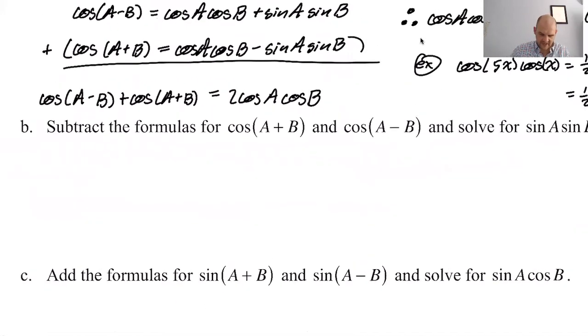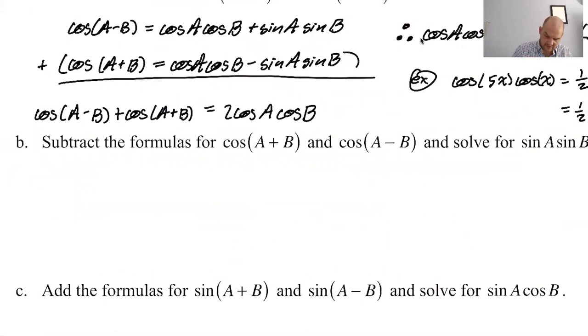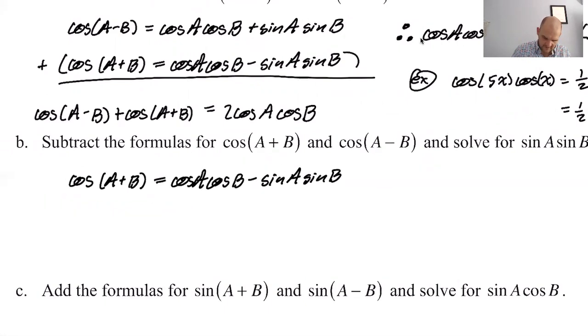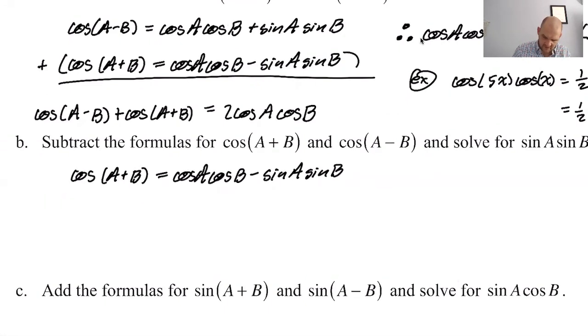We could also subtract them. When you subtract them, I'm just going to copy and paste. It's a good idea to put cosine of a plus b on top. I don't actually know if it's a good idea.